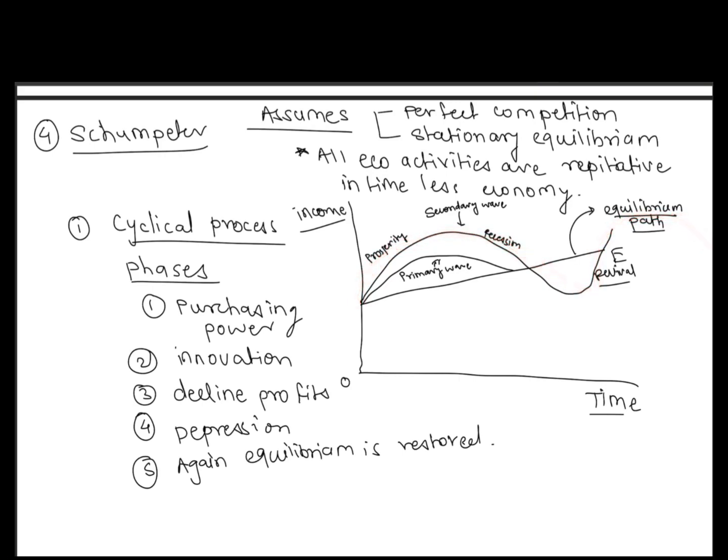This cycle is a cyclical process which Schumpeter gave his theory based on.